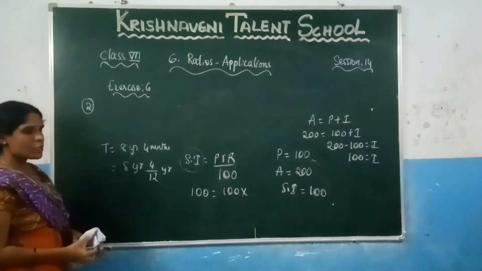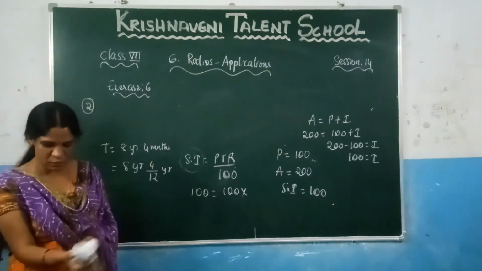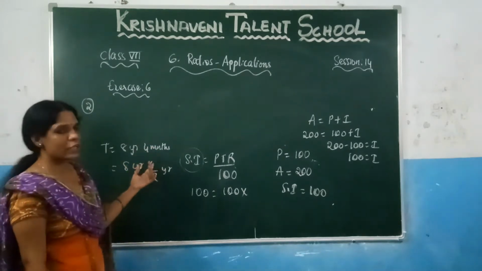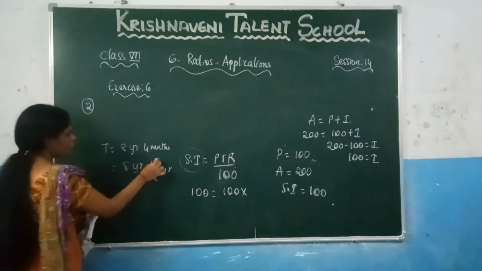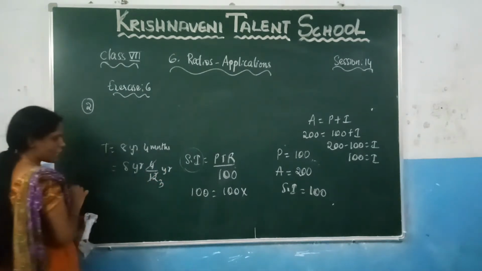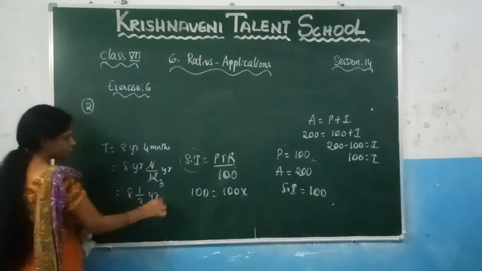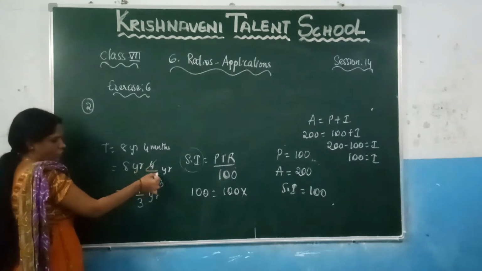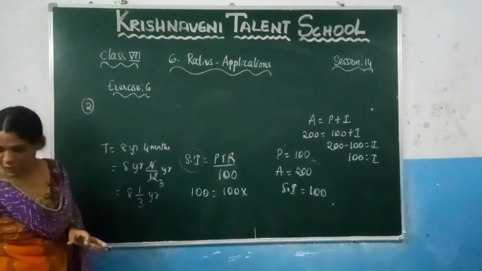We have converted months into years, because 1 year is equal to 12 months, so the value of 1 month is 1 by 12 years. In 4 by 12, 4 ones are 4 and 4 threes are 12, so what is left is 8 1 by 3 years.